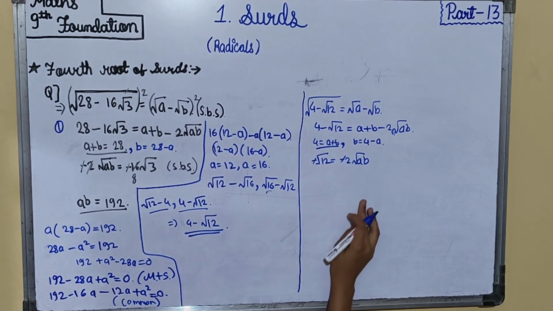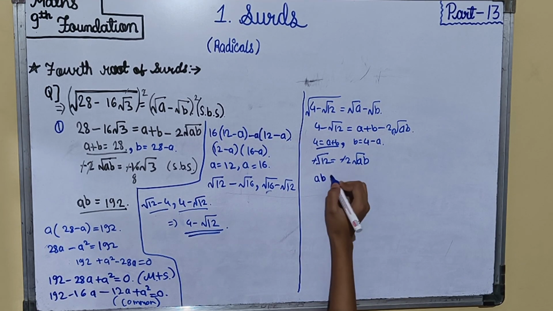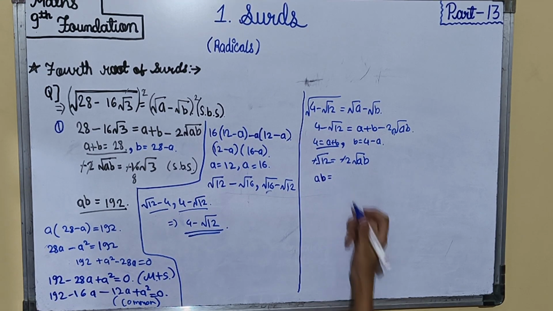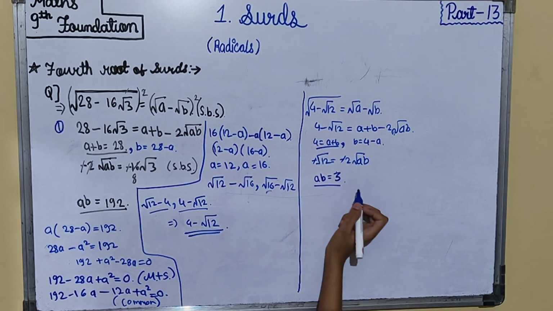Minus minus will get cancelled. We'll do squaring both sides. So we'll get ab as 3. You can solve, we'll get ab as 3.